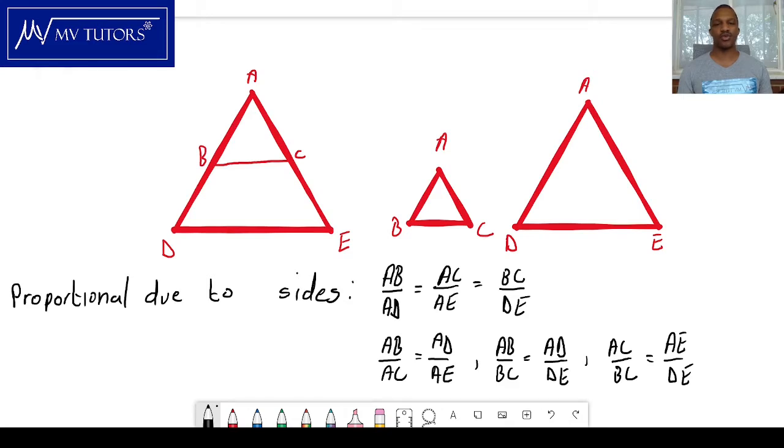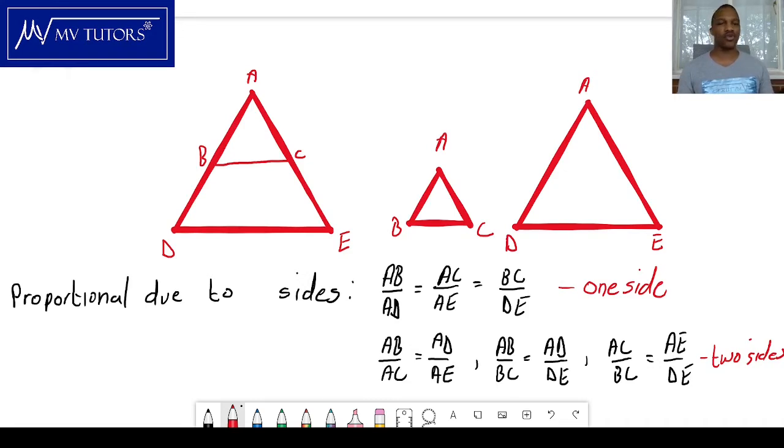So you can do the one-sided one, because this is one side. We used one side to do these ones, and to do these ones we use two sides. Okay, we use two sides of each triangle. So that's a proportionality theorem.